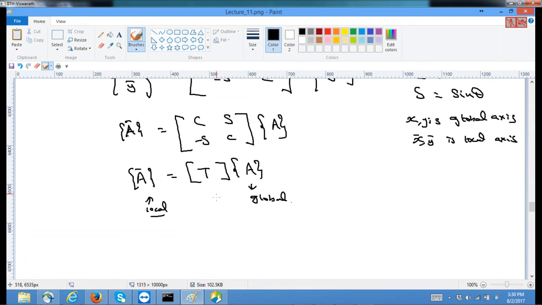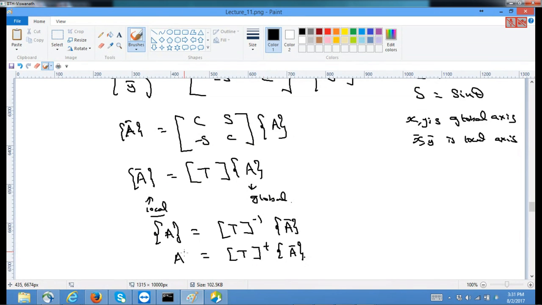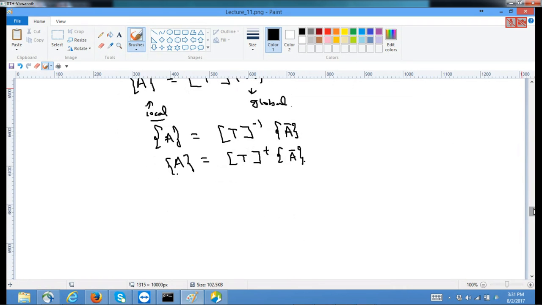Okay, so that is what we have done. If we want our global, then it is the inverse times a bar, but since it's an orthogonal matrix, we define it as this. This is what we have learnt so far. I have repeated this for continuity. Now what I want to do is develop it for a bar.